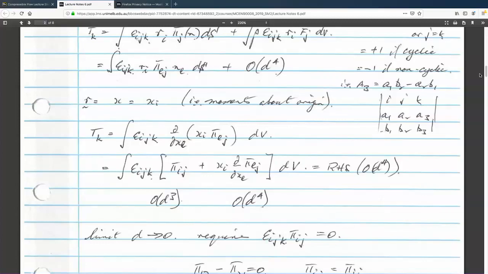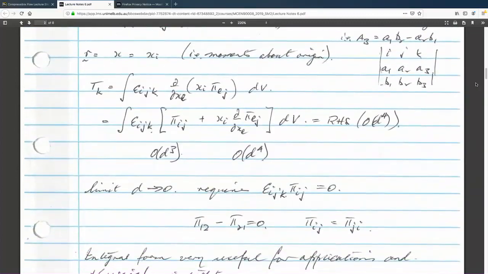So if I add them up, pi 1,2 minus pi 2,1 is equal to 0. And I could do that for the 3 k's, and it says that pi ij is equal to pi ji. So that's a symmetric tensor, a consequence only of angular momentum.